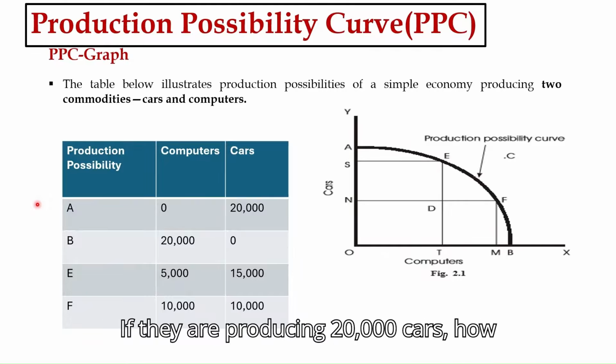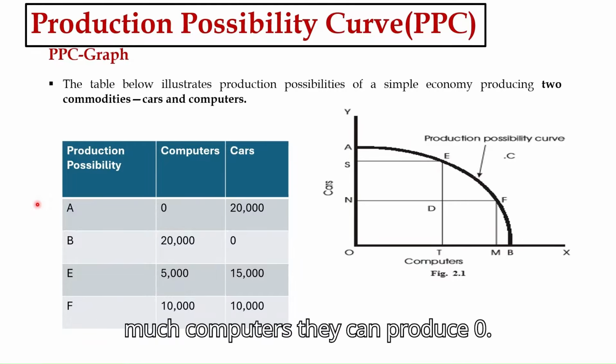So if they are producing 20,000 cars, how many computers can they produce? Zero.